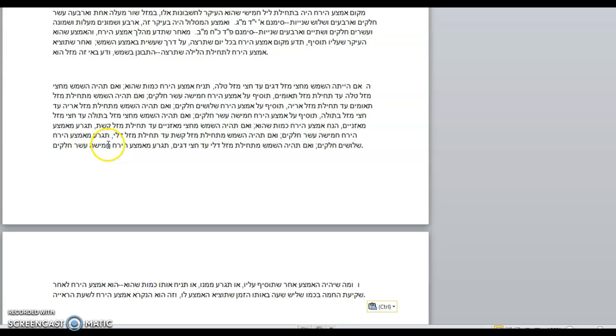But if you're in winter, then the Shkia is earlier. So we counted full days of 24 hours. But since the Shkia is earlier, and the moon is always visible right after the Shkia by the Moiled, we have to compensate and take into consideration this Shkia that's earlier or later. According to the Rambam, by summer you add, and by winter you subtract.